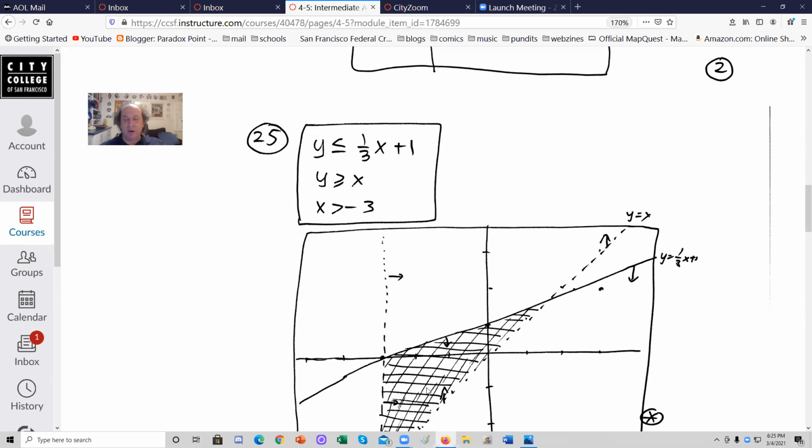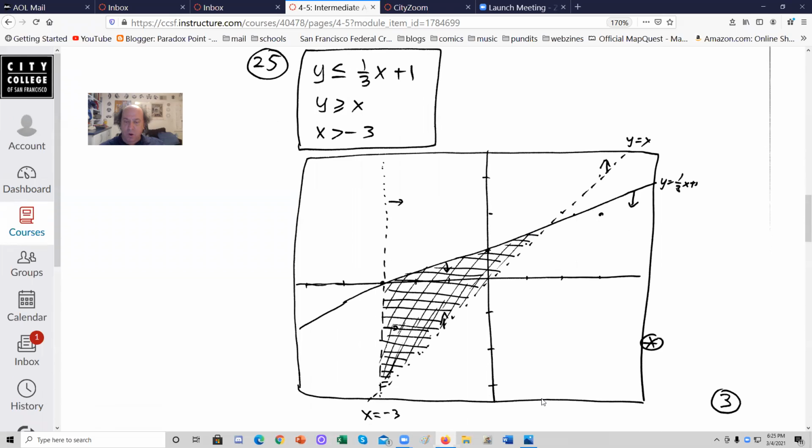Y greater than or equal to x. Oh dear. Here's the y equals x line, and we want above it. And I'm going to have to change this on the canvas, because this should be a solid line here rather than a dotted line. My error.